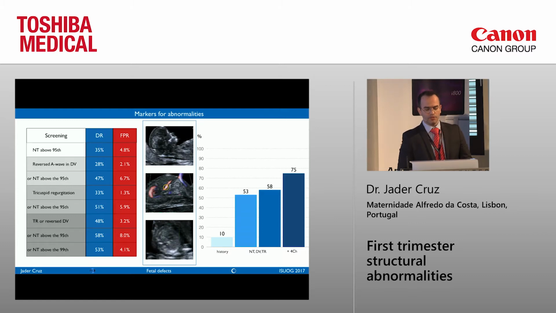And if you know how to assess a 4-chamber view of the heart, and you say, oh, the 2 sides of the heart are proportionate, the size is okay, the heart is to the left, then you increase your detection rate even more, using a normal four-chamber view of the heart as a marker, to 75% of the major cardiac abnormalities. So here you have a good example of how markers can help you to detect more structural abnormalities.